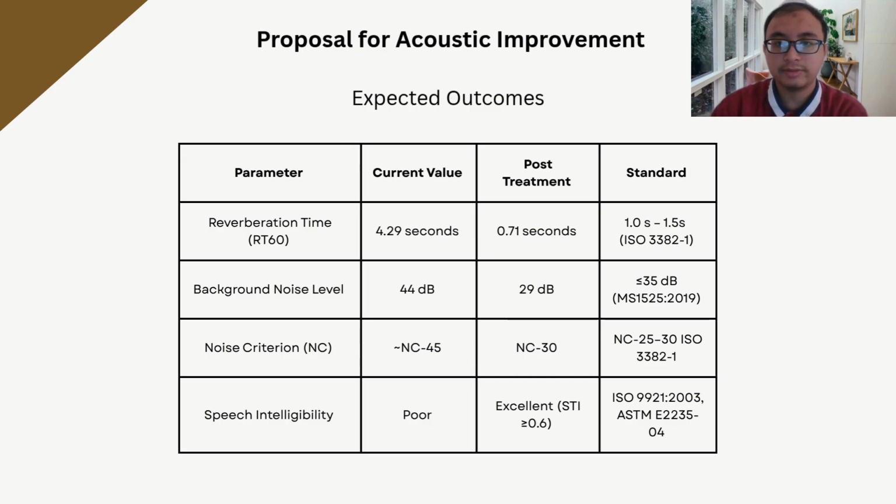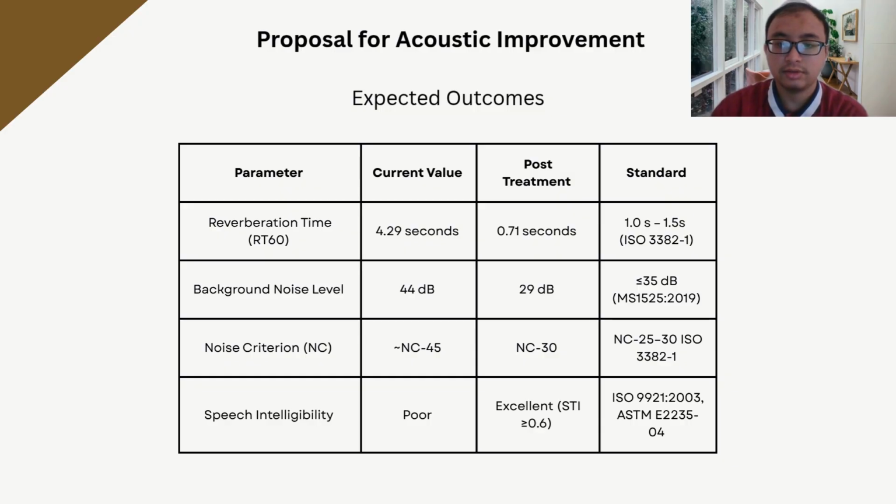For the expected outcome, the current value for reverberation time is 4.29 seconds, and after the changes, it lowers to 0.71 seconds. The noise level is reduced from 44 to 29.